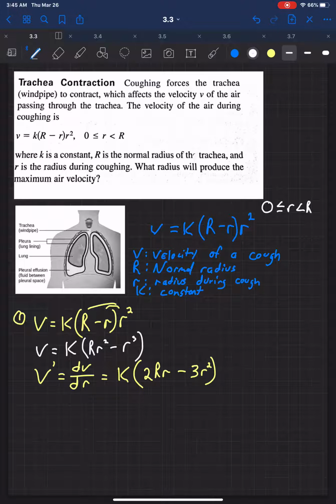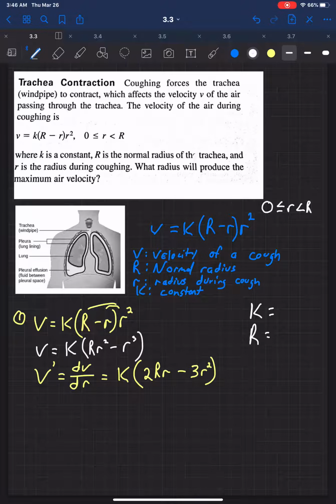Well, because, look, k is a constant. That's not a variable. Big R is a constant. That's not a variable, right? I don't know what the radius of your trachea is, but whatever it is, it's constant. The only thing that changes is the radius when you're coughing. Little r is the only variable in this equation.